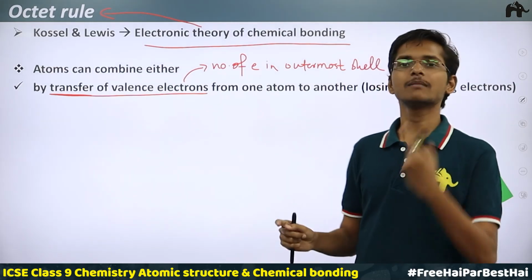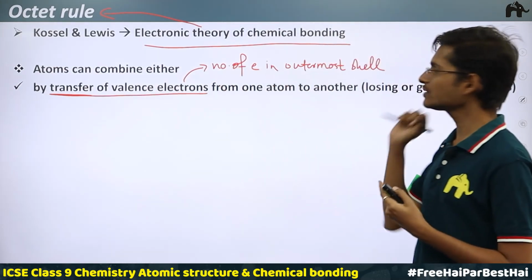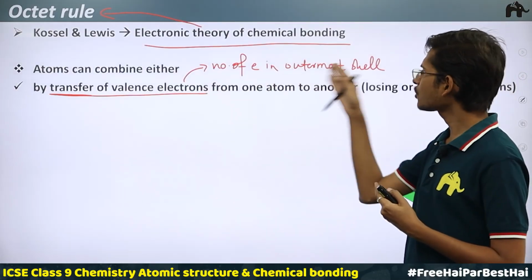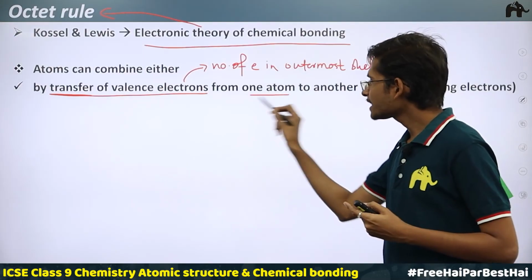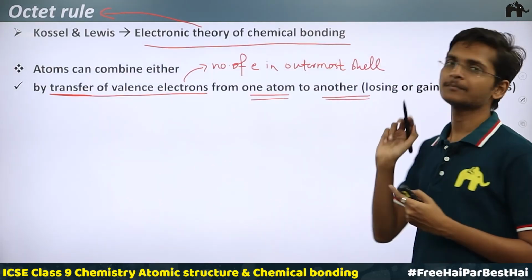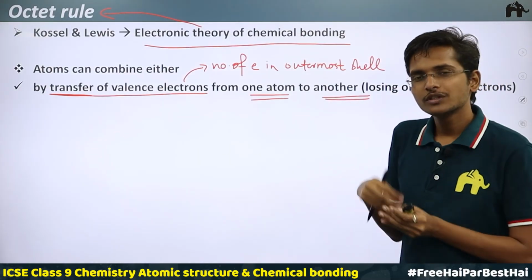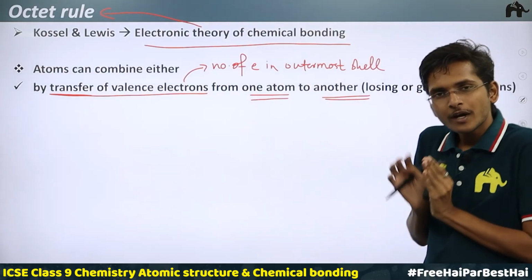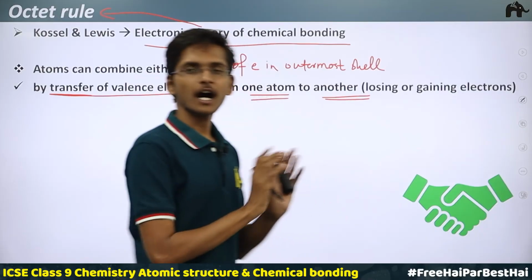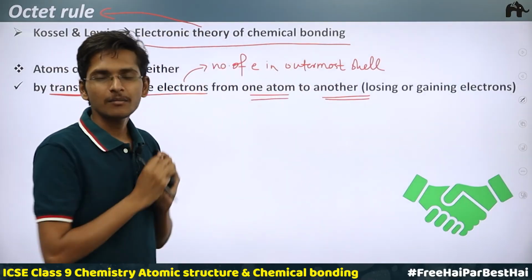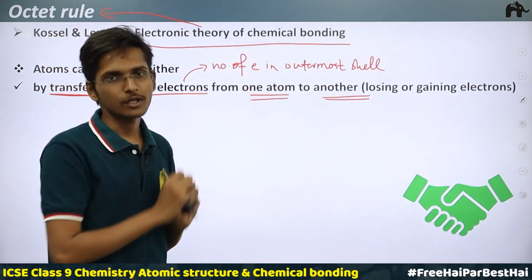First, by transfer of valence electrons, the electrons present in the outermost shell, from one atom to another. One atom gives some electrons to another atom, and the other atom takes up those electrons.